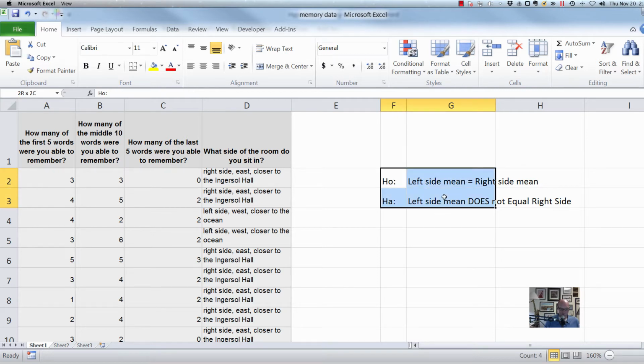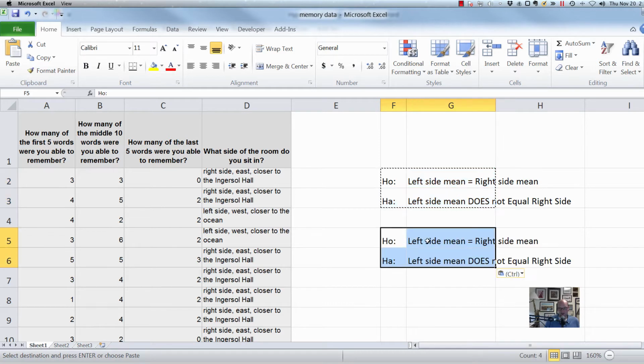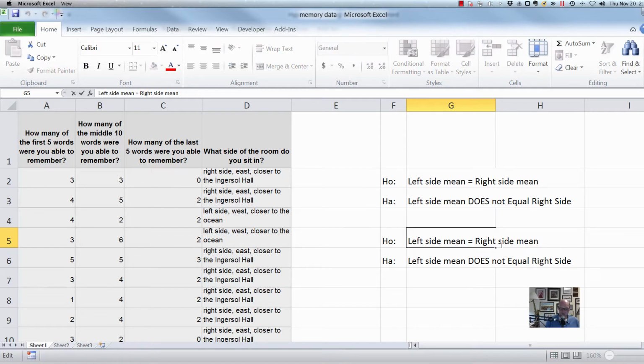So we learned we should probably rewrite these so that they have some math in it, like an actual number. If I take the left side mean and subtract the right side mean, it should be 0. That's what the null hypothesis says.